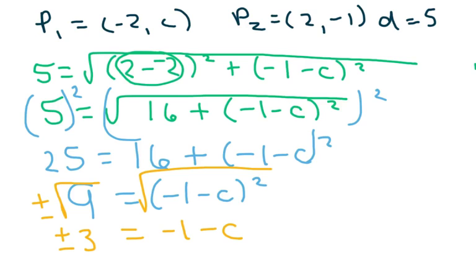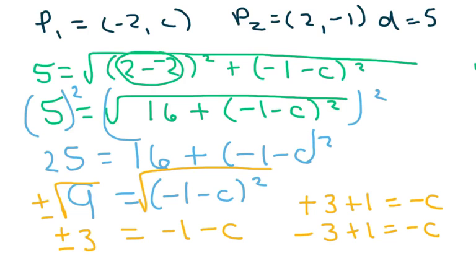So I'm going to add the 1. Actually, okay, I'll just do it this way. So you get plus 3 plus 1 equals negative c, and negative 3 plus 1 equals negative c.